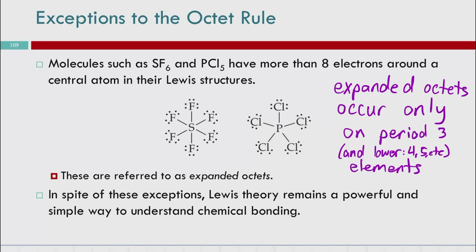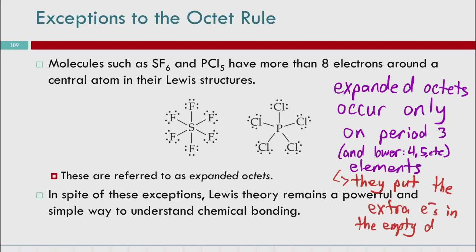If you're curious about why those can have expanded octets, you don't need to know this for the class, but some people are probably interested. So the way that the expanded octets work is they put the extra electrons in the empty 3d orbitals. So that's why they're able to hold more electrons.